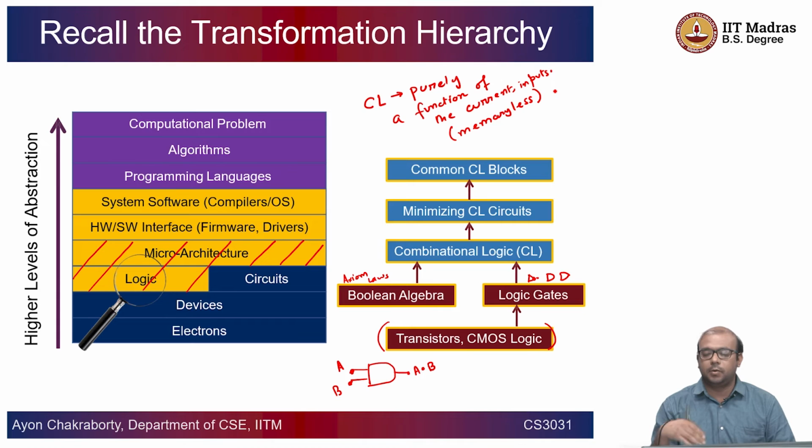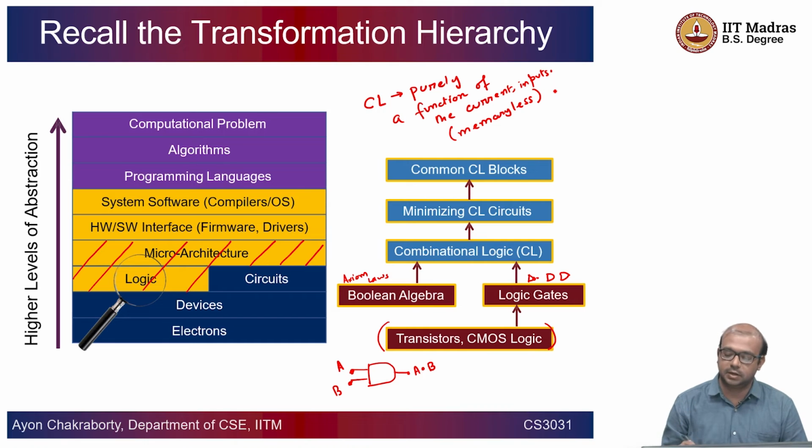When you compute 7 plus 2 equals 9, in no way the previous output, which was 6, or the previous inputs, which were 4 and 2, is going to interfere with the current state of execution of the circuit. So it is only the current inputs, and you can think of this as a memoryless circuit, or logic. So that is primarily about the combinational logic.